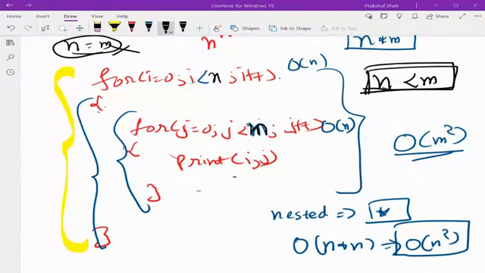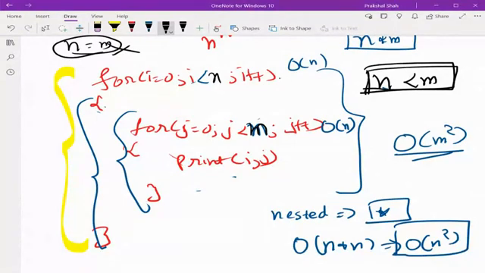See, my m is bigger here. Okay. Let me tell you the answer.